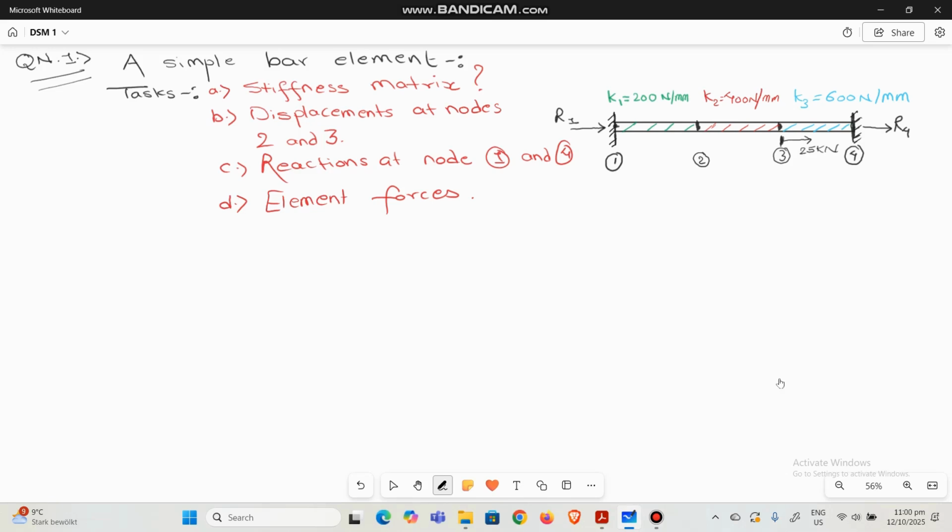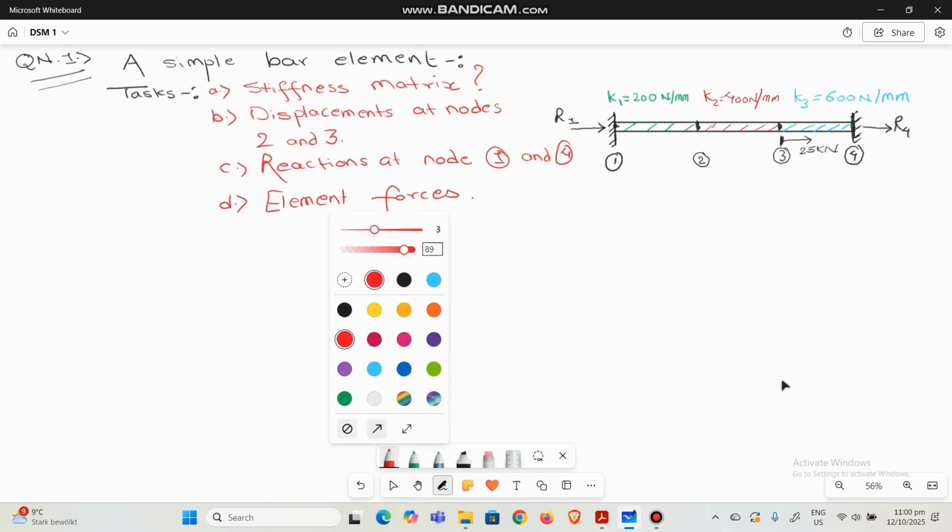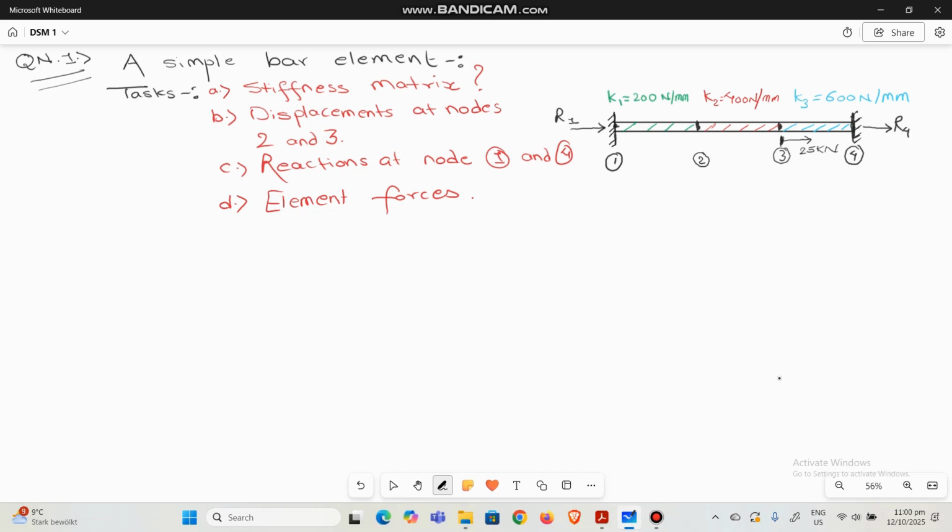So let's start our task. Number one, step one: simplify the model, the discretization step.